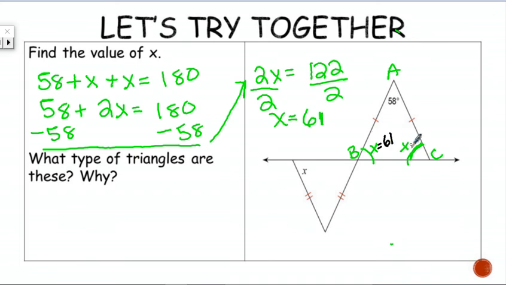So here you go. Both of these angles here are 61, and you can easily check by adding them together and see if you get 180. Now to get to this x here, well, here's what I know. I probably shouldn't have called this x. I should have called this y because I don't believe these two angles are the same. So let me go back and correct that. I'm going to call these y instead.